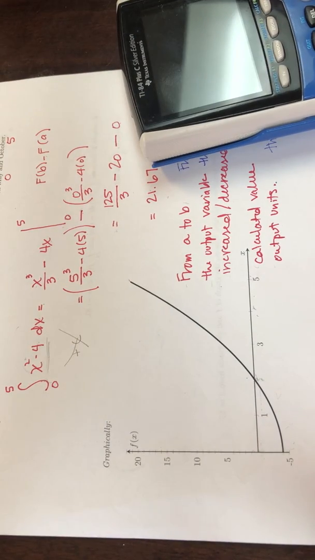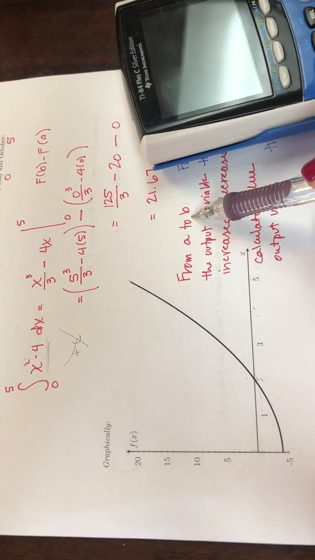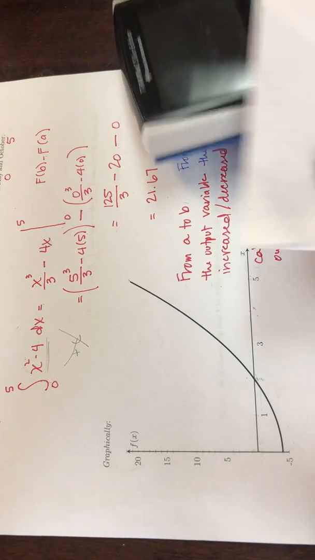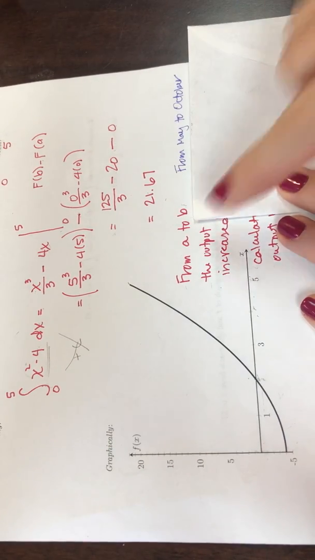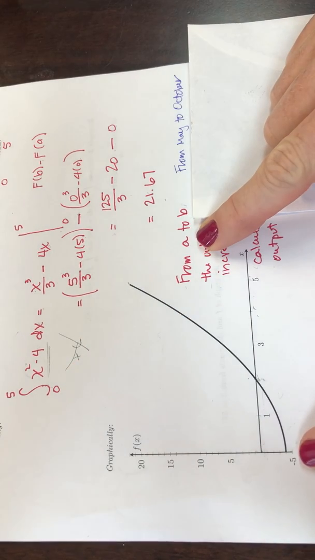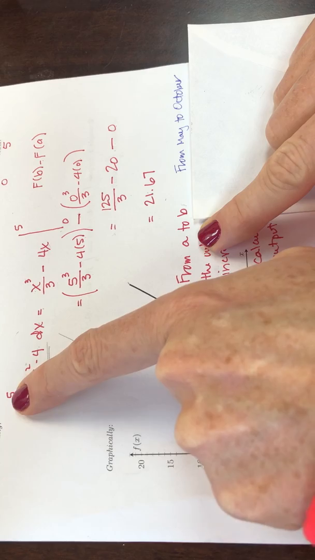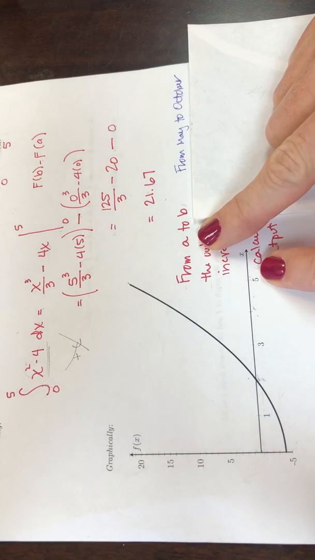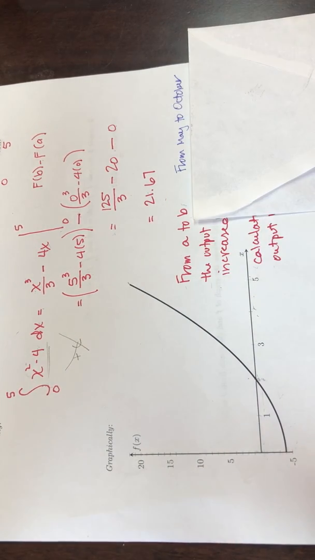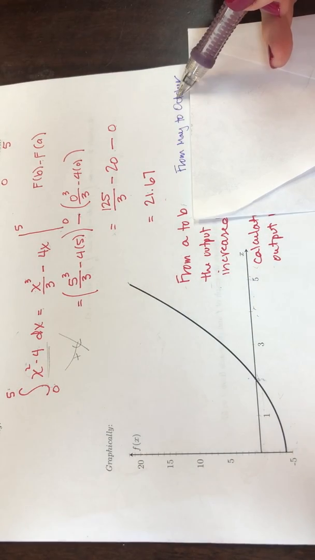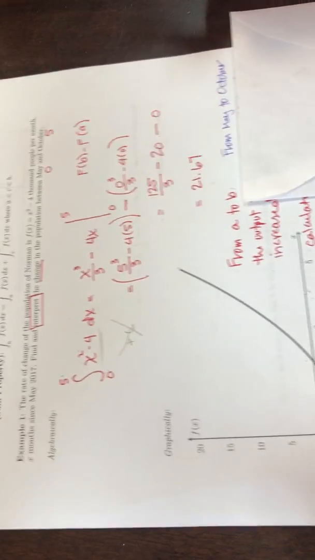So for the terms of this problem, from A to B means, well, A is 0, and that represents May. And B is 5, and that represents 5 months later, so that's October. So in terms of the problem, these numbers mean from May to October. And then we say the output variable.